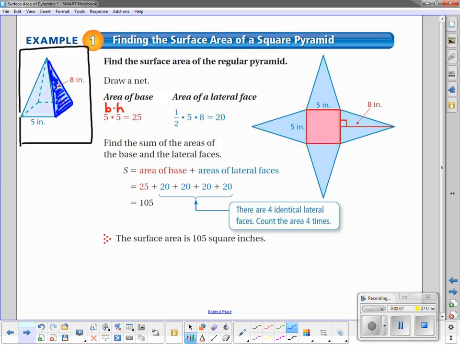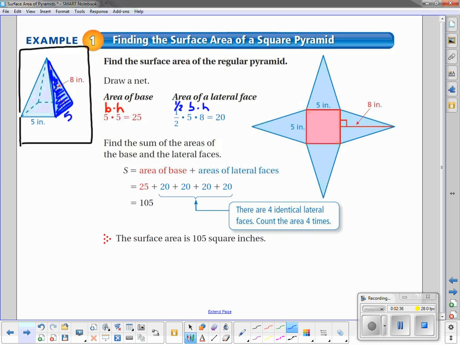Well, we know that the base is still 5 because the base of the entire pyramid is a square, and we knew that those measurements were 5 by 5. Therefore, the base of the triangle is 5. So we use 1/2 base times height, and we end up with 1/2 times 5 times 8. Half of 8 is 4, so 5 times 4 is 20.